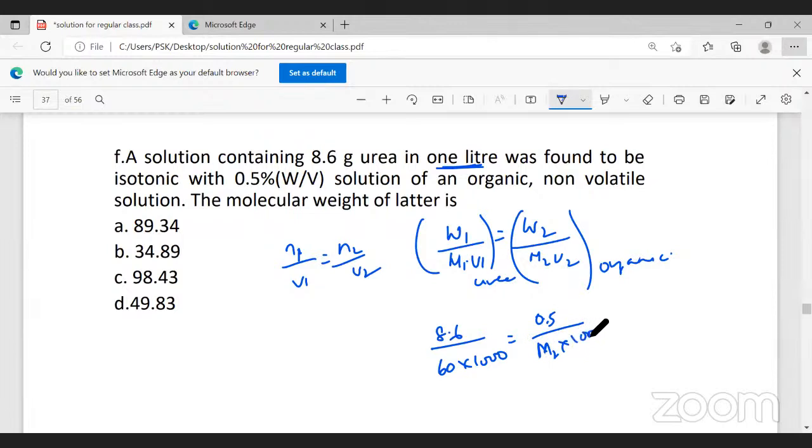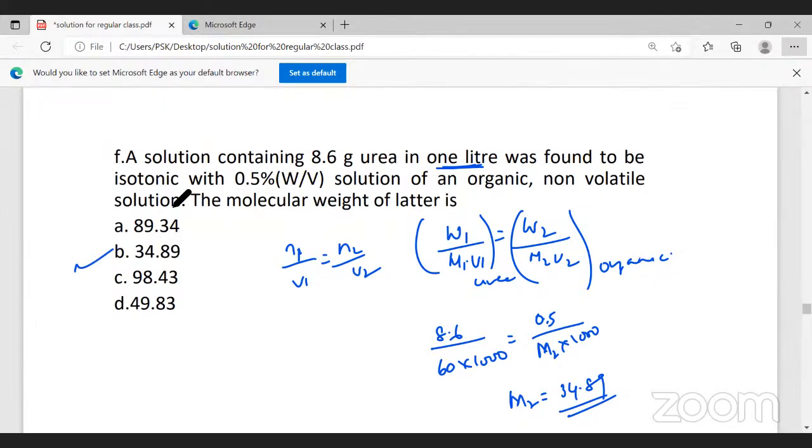And V2 is also 1 liter. So on simplification, we'll get M2 to be 34.89. So the molecular mass of this will be 34.89. Did you follow? Students, you follow? Yes, sir. Yes. All right.